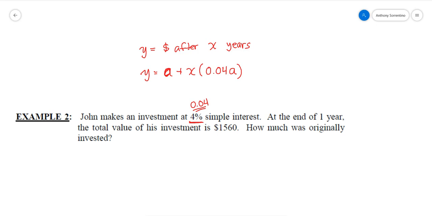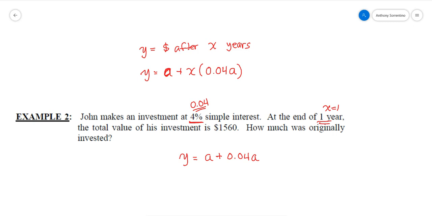And so that's how I would do this particular formula, because now we know that it's 1 year, so we know that X equals 1. So the variable we're looking for here is a. So y is going to equal a plus 1 times 0.04a.